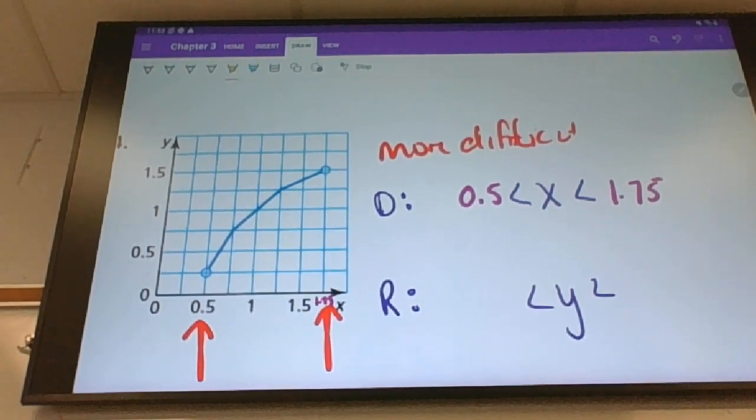Then I gotta look at the y-axis. The lowest value is 0.25 and the highest value is 1.5. So you're looking at how wide is it and then how long is it. And it's a range, and that's because the points are connected.